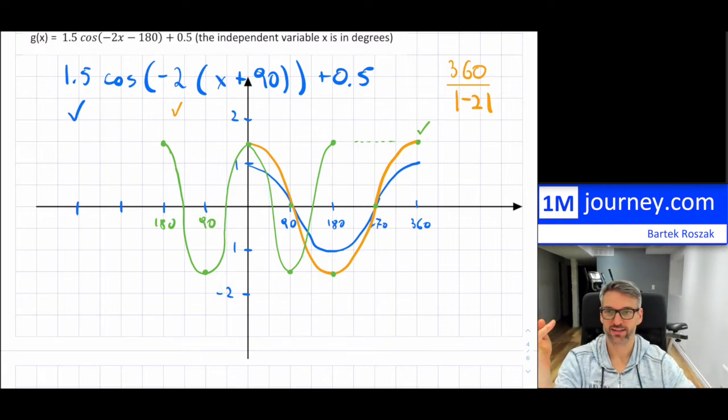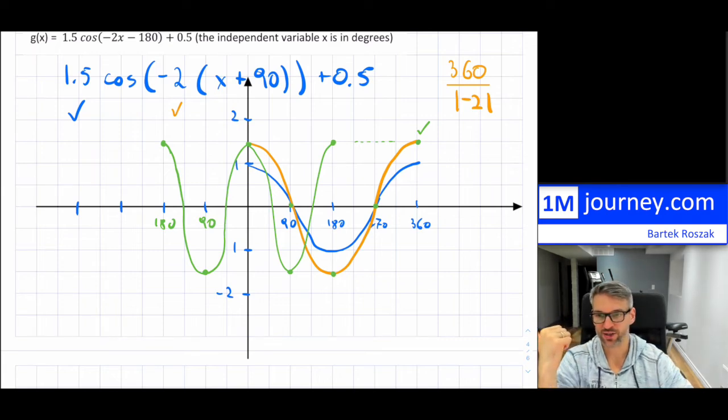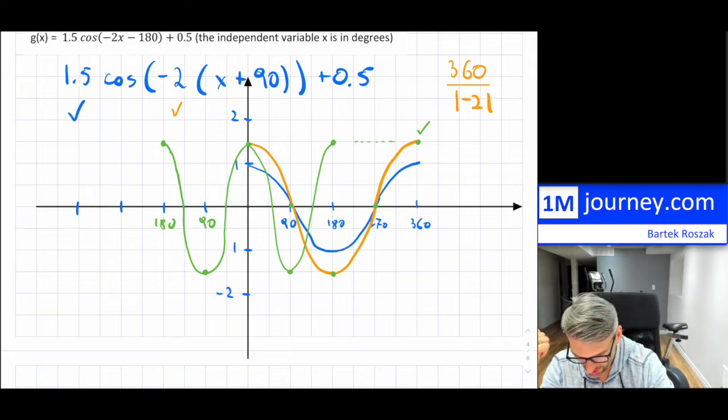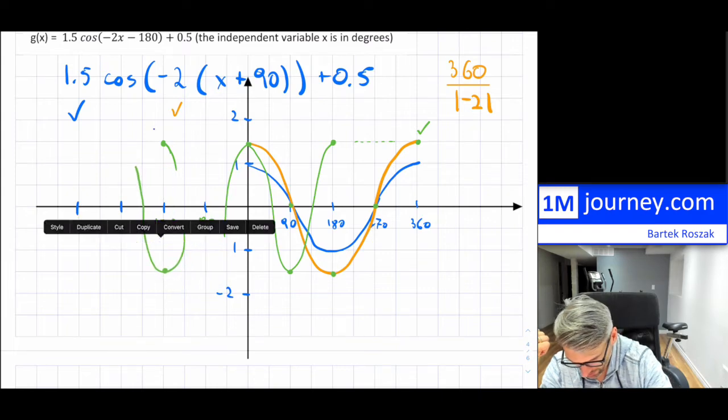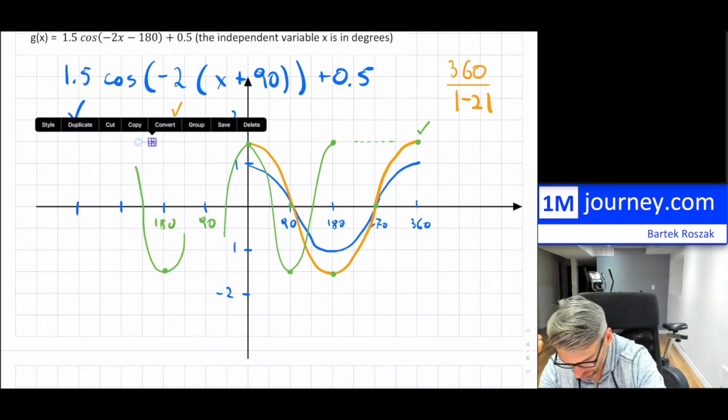So it gets reflected. Now, plus 90, so that means it's going to go negative 90 in this direction. So this thing is going to now get shifted over. And let's see if I shift this over. Okay, like this. Whoops, that's not what we wanted.